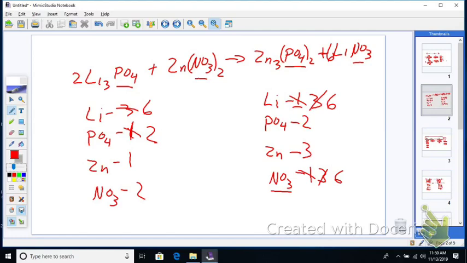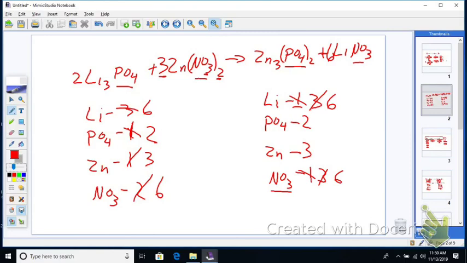And what is that number? 3. If I put a 3 there, that changes this to 6. And then that 3 times 2, people kind of struggle with this because they see that 3 here and then this 2. This is what you got to multiply the 3 by, is that 2. So then you got 6. And we're balanced. That's a tough one to do. That's the toughest one you'll have to do, because there's a lot going on there.